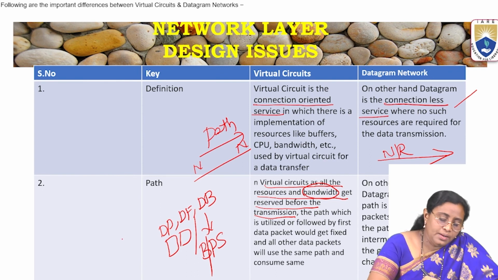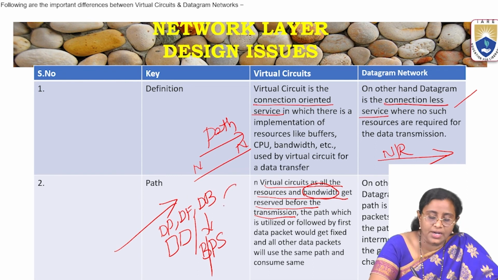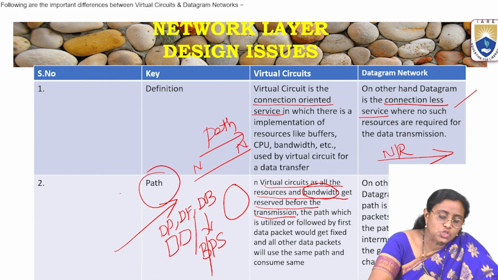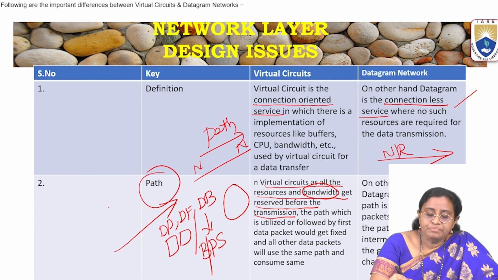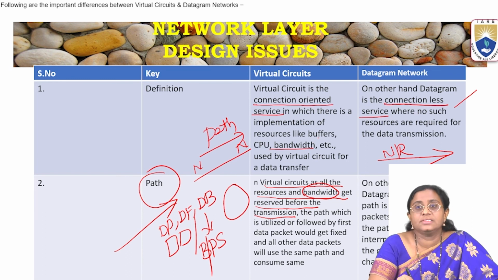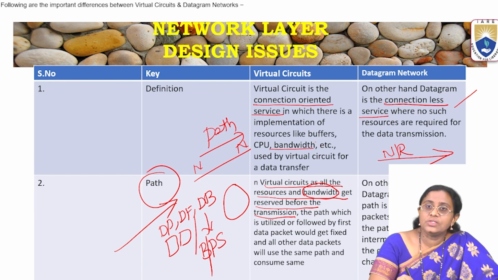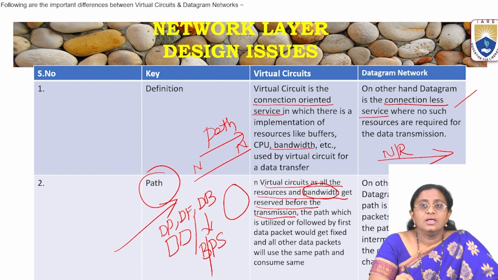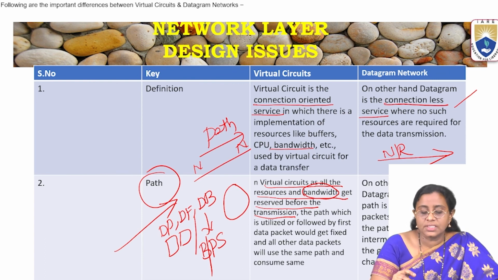Here, one particular source path and an established connection need to be identified by means of virtual circuits. The first is that the path should be established, along with the implementation of bandwidth and consideration of some parameters like buffers, the virtual circuit and the data transfer. Those are some of the resources which should be implemented while working with virtual circuits.